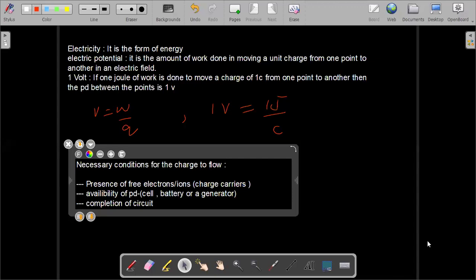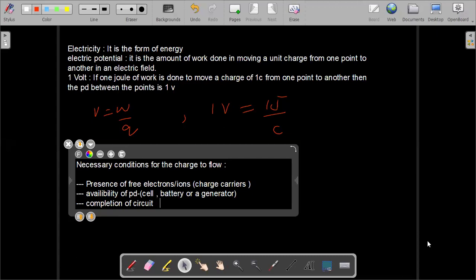If there is non-availability of potential difference, the electrons won't feel any force, and hence they will not drift. They will not move. There is no flow of electrons because of no potential difference. Yes. So I'm asking about the third point. Why is completion of circuit necessary? Can't it work even without completion of circuit? No, sir, it cannot. So why can't it be?